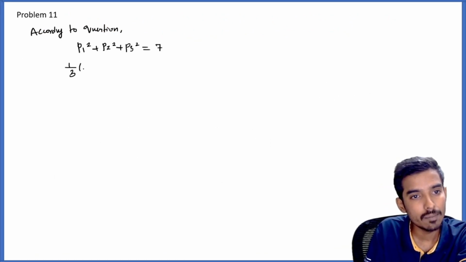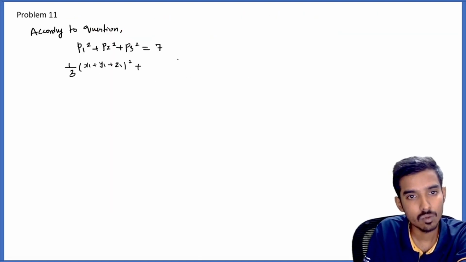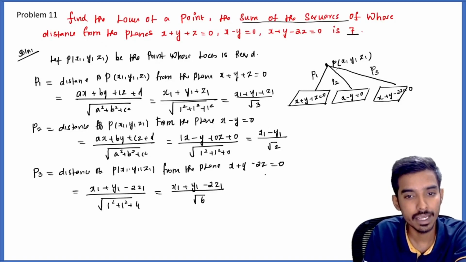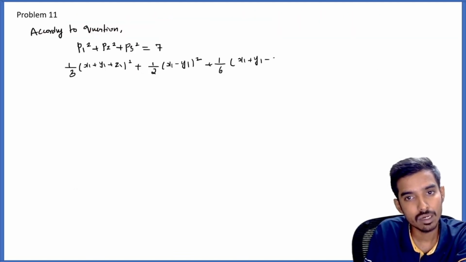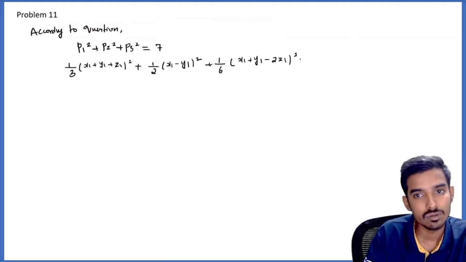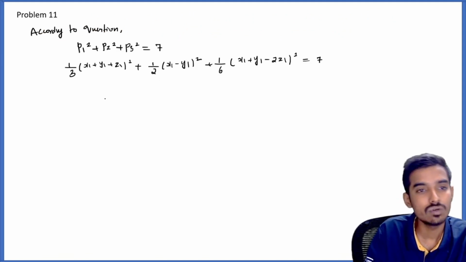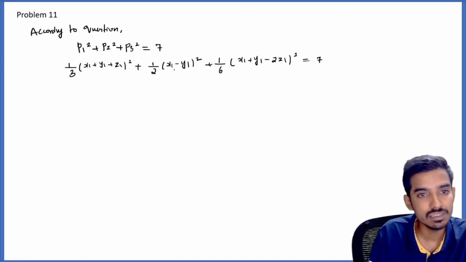We will have 1 by 3 (x1 plus y1 plus z1) whole square. And what is P2 square? 1 by 2 into (x1 minus y1) whole square. And this will be 1 by 6 (x1 plus y1 minus 2 z1) whole square is equal to 7, right? Now take LCM here. So LCM is 6.